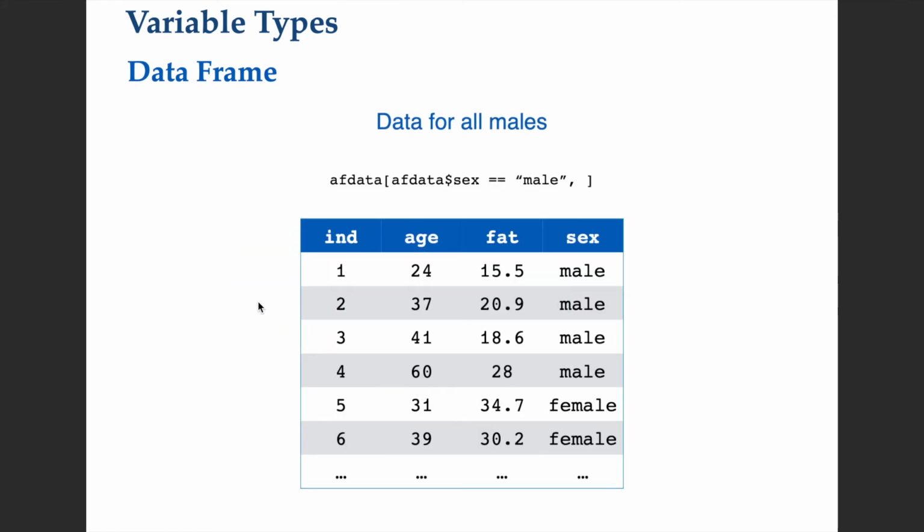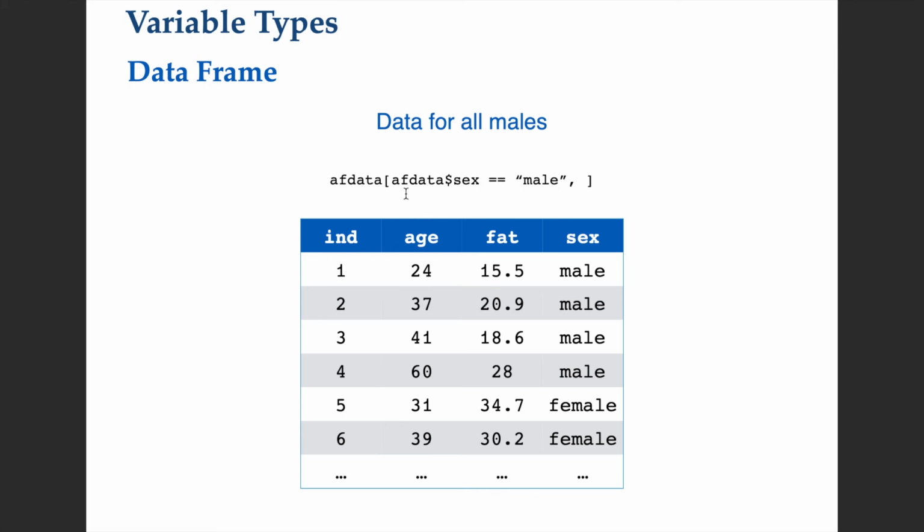So for example, let's say we want to parse out all the data for males in this data frame. So we refer to the data frame, and then for our rows, we want to select which rows have male in the sex column. We're in the row position of the brackets, but we want to refer to a column, right?